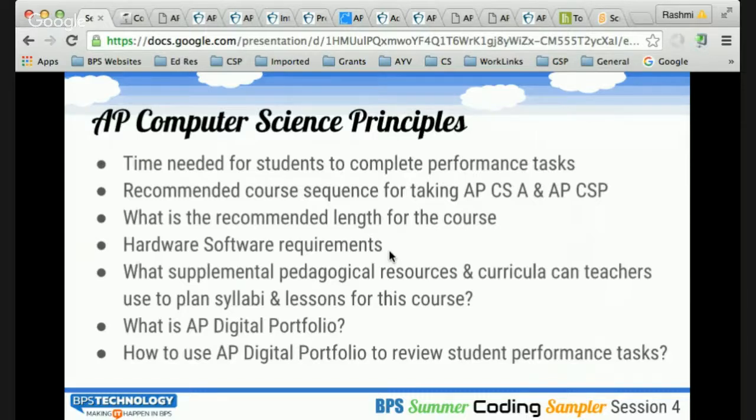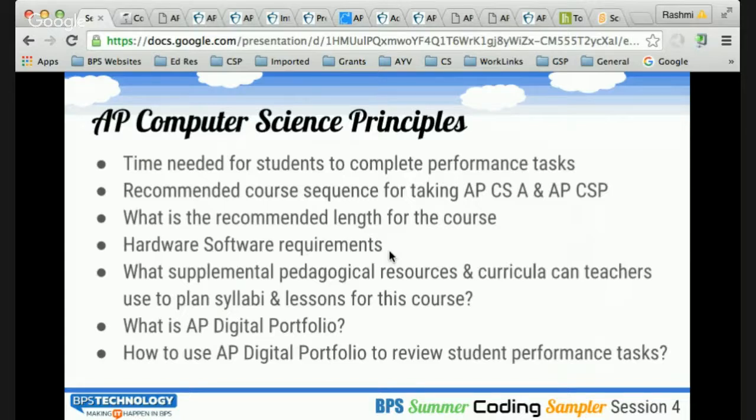We talked a little bit about the recommended course sequence for BPS. We highly recommend taking an introductory CS course, like Exploring Computer Science or Intro to CS, before you go into AP Computer Science Principles, and then AP Computer Science A, which is the Java programming College Board offering, you can take after AP Computer Science Principles.